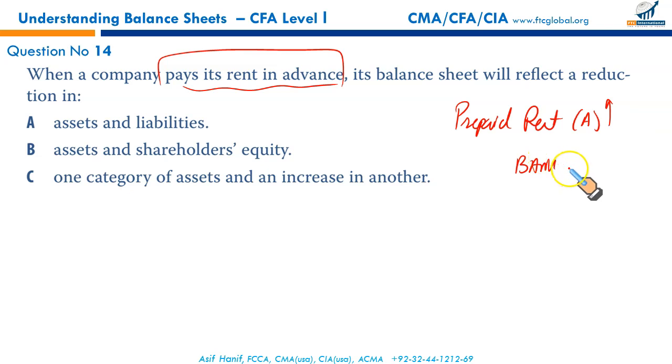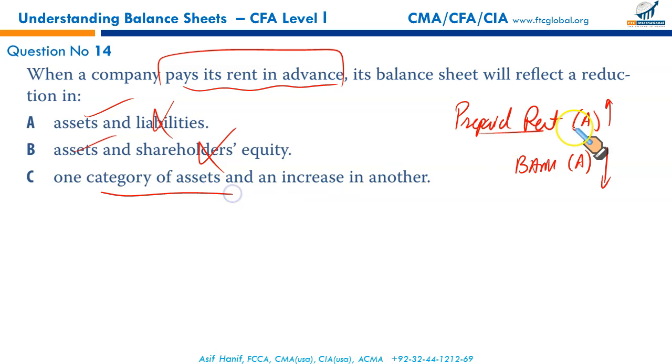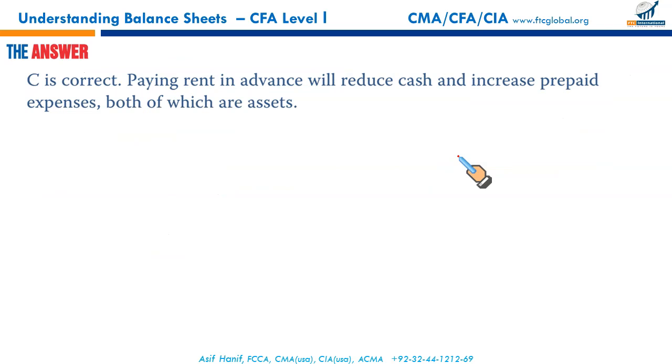Since you have paid rent in advance, your bank is decreasing, another asset is decreasing. So one asset is increasing, and another asset is decreasing. There is no liability and no shareholder equity involved. One category of asset is increasing, the other category of asset is decreasing. This is perfectly right. It will reflect a reduction in your bank and an increase in the prepaid rent. That makes C the correct option.